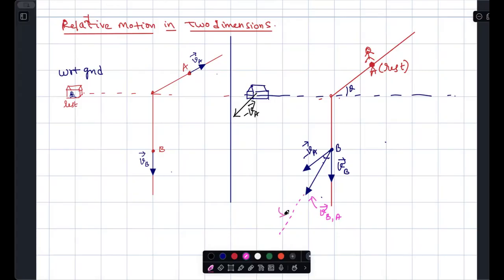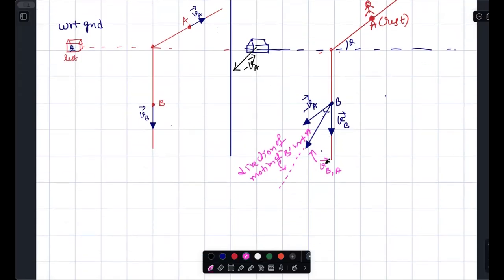So this dotted line is the direction of motion of B with respect to A.